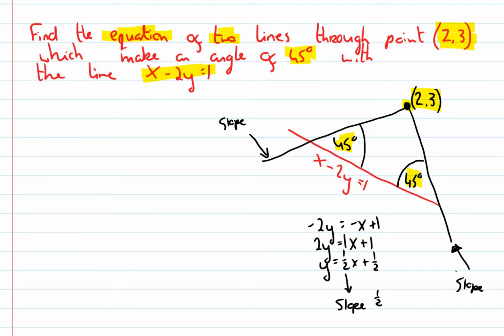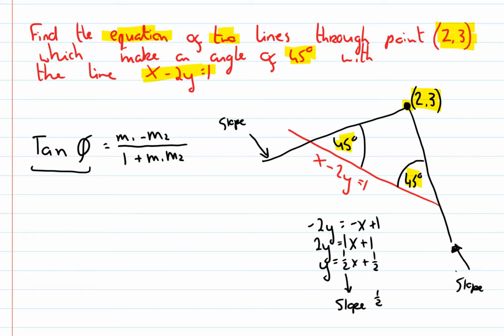Okay, so we have the slope of one line, we don't have the slope of the other. But we do have the angle between those two lines. It's 45 degrees. We therefore should be able to use our angle between two lines formula. tan theta equals m1 minus m2 all over 1 plus m1 multiplied by m2. Now why should we be able to use that? Because that formula is essentially an equation when I start filling things in.